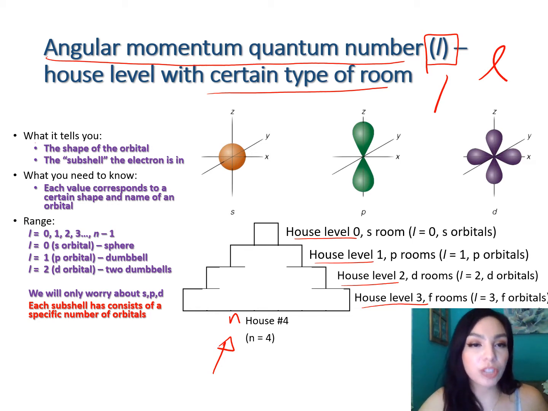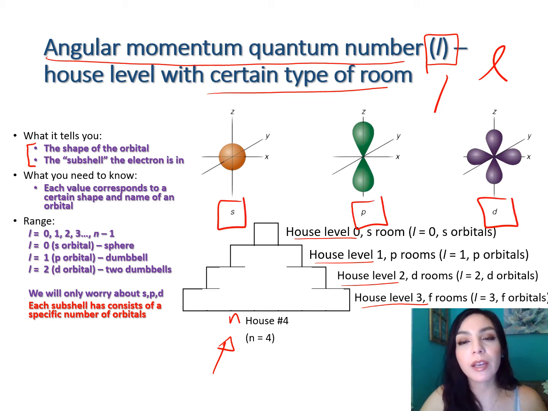It tells you the shape of the orbital, and we also call that the subshell of where the electron is. So these are the different shapes. Here we have s orbitals, p orbitals, and d orbitals, right? And we actually have another type of orbital called f orbitals. I don't have them right here, but we will talk about them later.